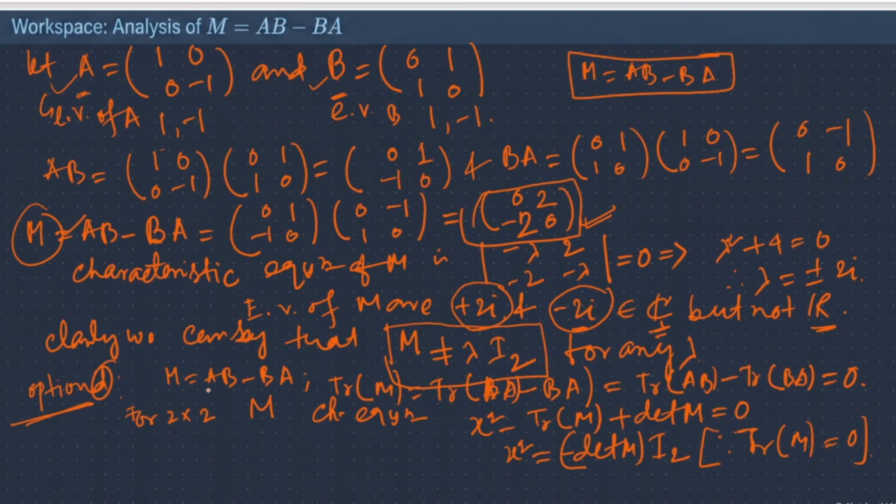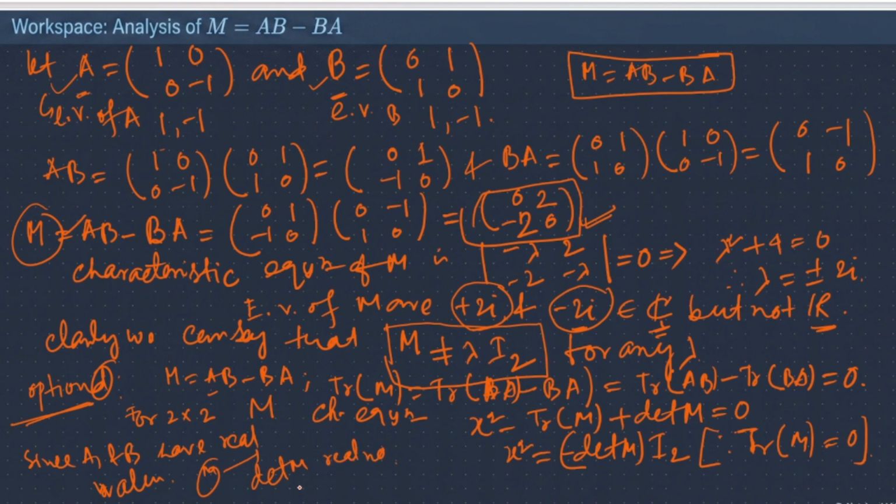Since A and B have real values, M also has real values. So the determinant of M is also a real number.